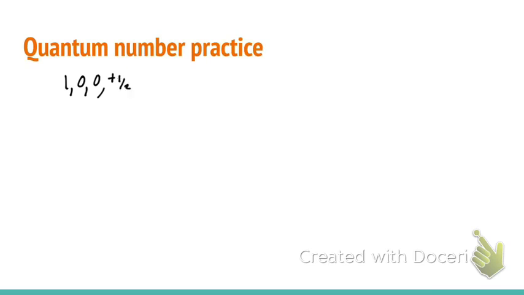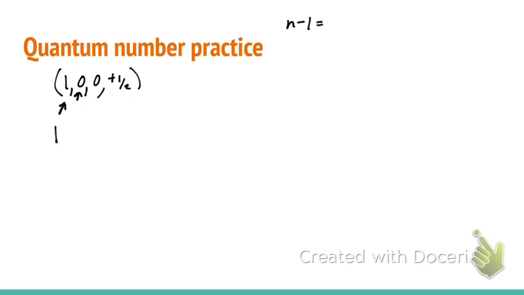A couple things we know. Let me translate this. This is energy level number 1. This is the angular momentum, which is the sublevel. You could write it if you want, but it's n minus 1 from the energy level.